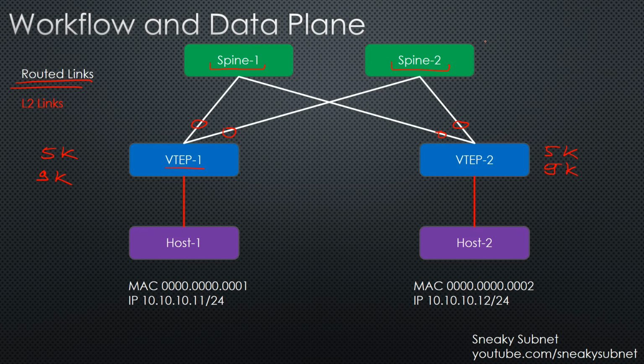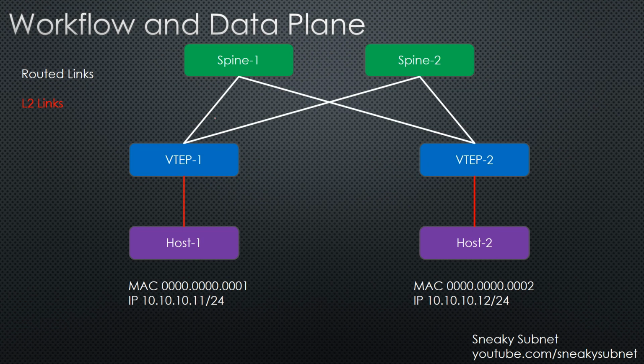And those guys would typically be Nexus 7K or Nexus 9K. So again, as we were talking previously, these guys are top of rack switches, typically 1 rack unit in height, and these guys are big boxes, which are designed to accommodate a lot of VTEPs, so we can easily add VTEP number 3 and so on and so forth.